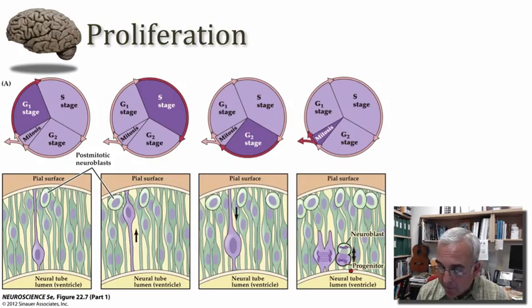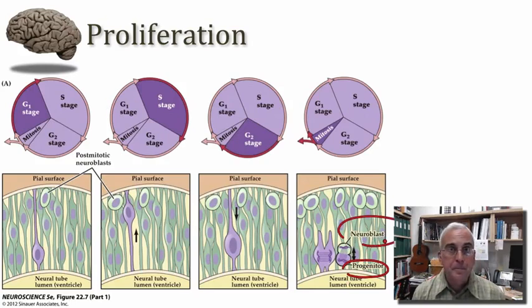One cell remains a progenitor cell, which can go on to subsequent stages of mitosis, although its mitotic potential now is somewhat limited. The other daughter cell becomes what we call a neuroblast, and this is now a post-mitotic cell that can go on to differentiate into neurons or glial cells.